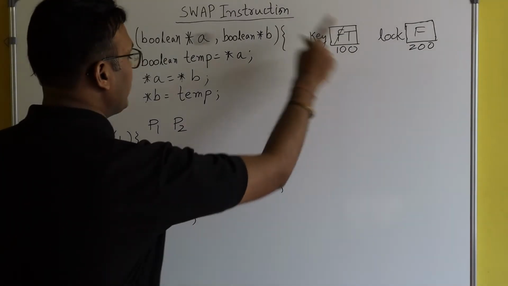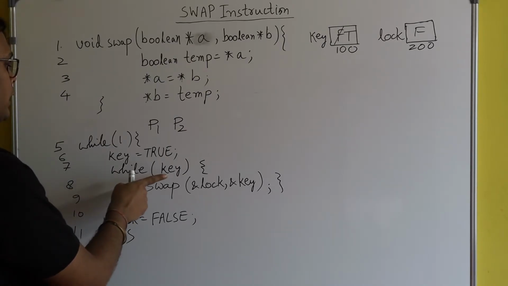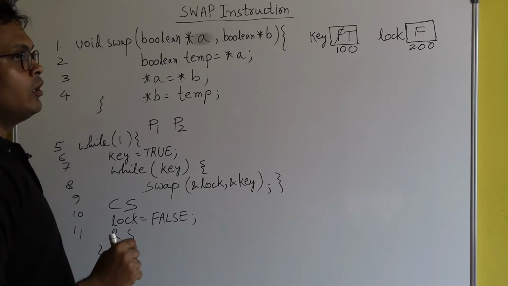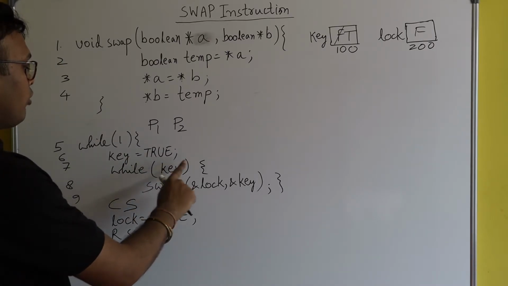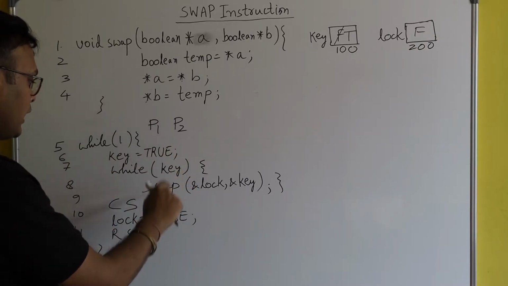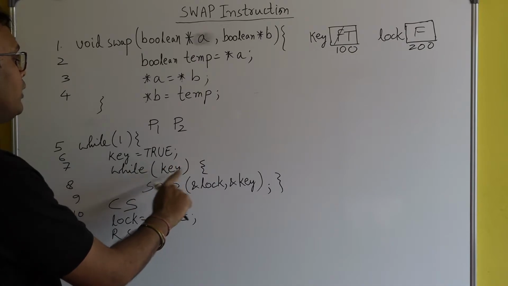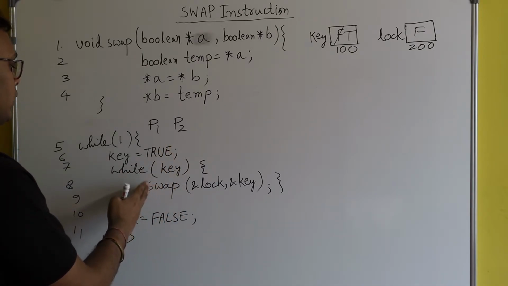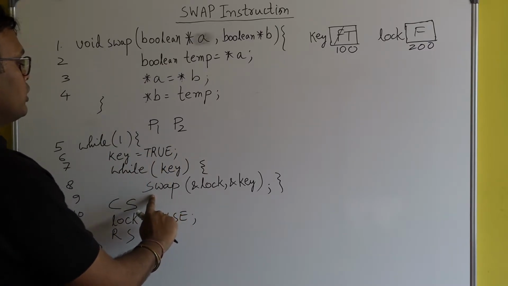So the key value became true. After that, in a while loop, a condition is checked. While key, it means while true. If it had been false, then P1 couldn't enter inside the while loop. Here it is true, so now P1 is inside the while loop.